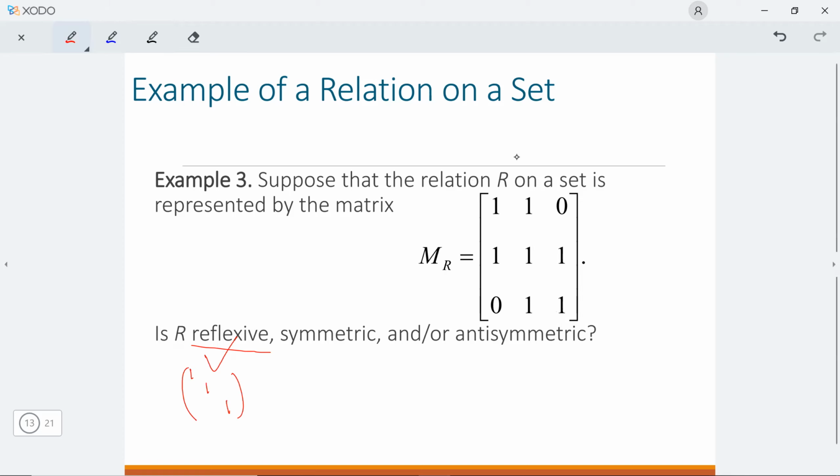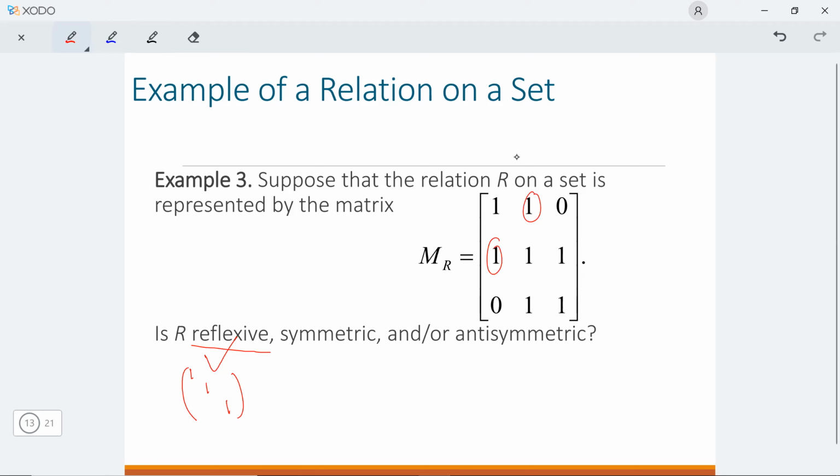And then let's look at whether this is symmetric or antisymmetric. We need to look at the elements not on the diagonal. Let's look at the first one, in the first row, second column. To check symmetric or antisymmetric, we need to look at the opposite position with respect to the diagonal, which is the second row and first column, this one.